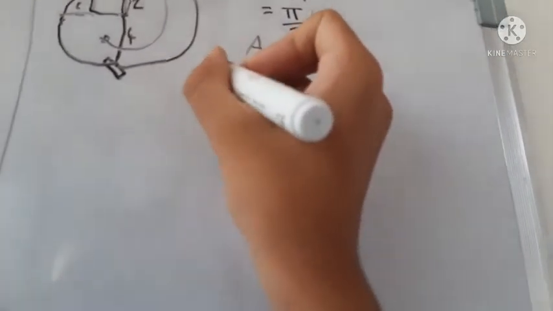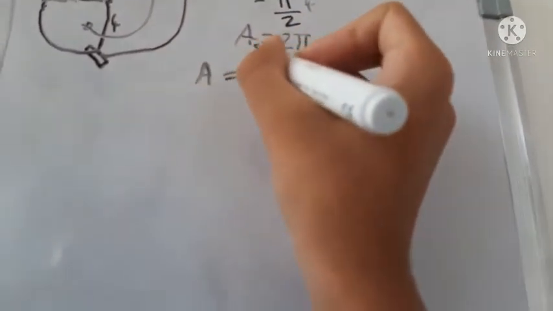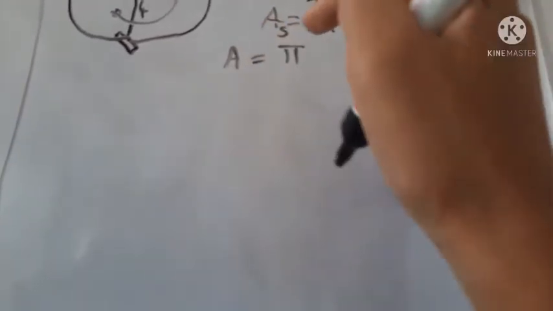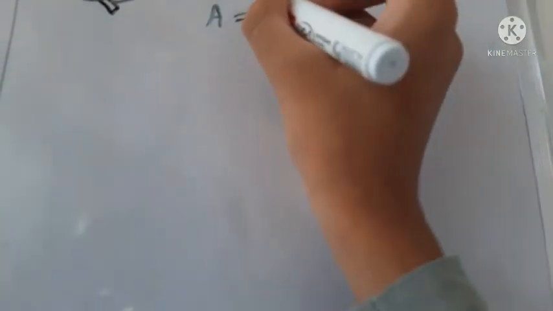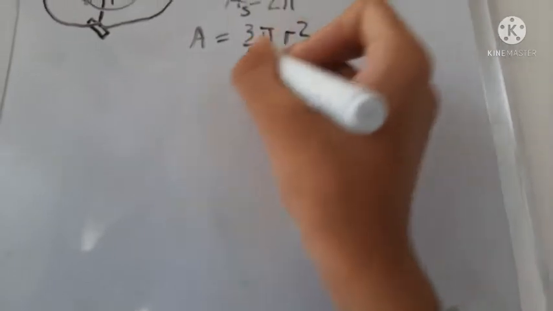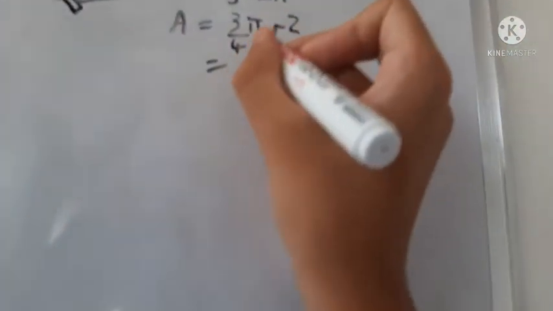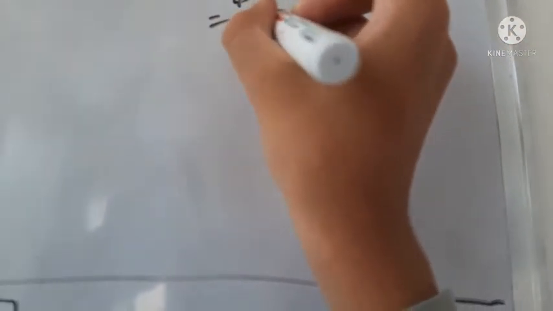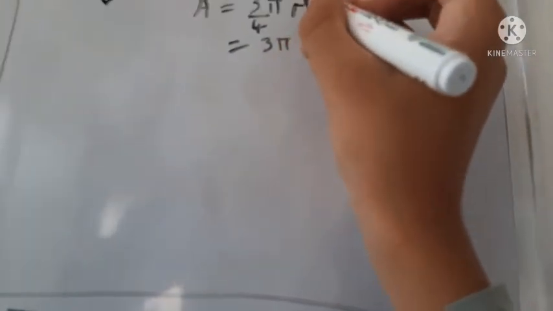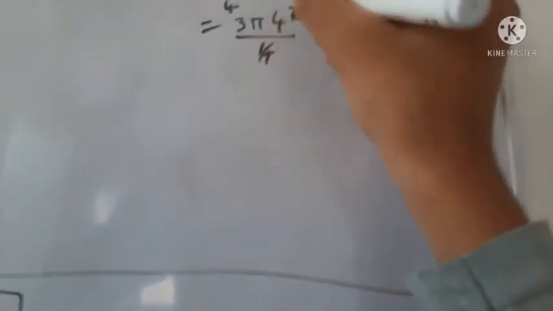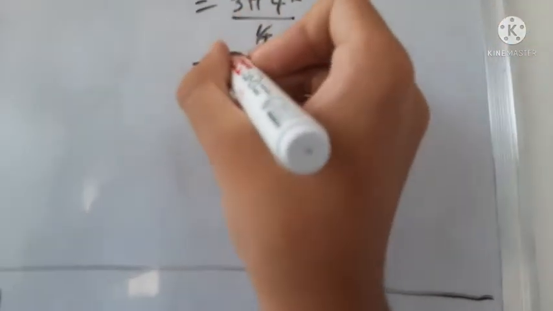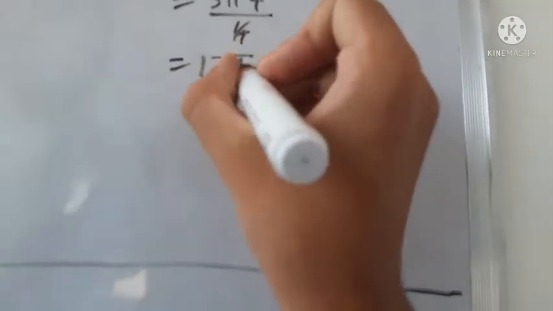So we have A equals, not pi r squared, but 3/4 pi r squared, and now our r is 4, so we have 3 pi and then 4 squared, all over 4, so these cancel out and we have, pardon me, 12 pi.